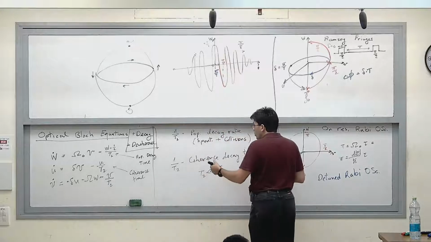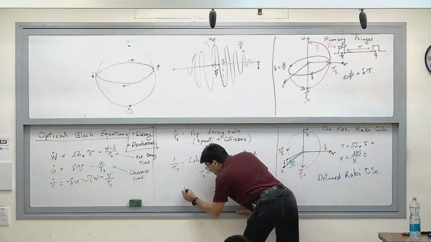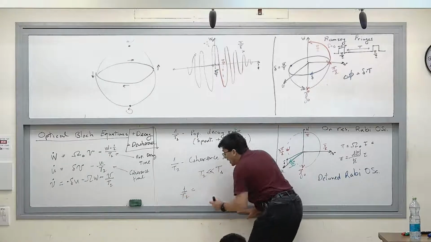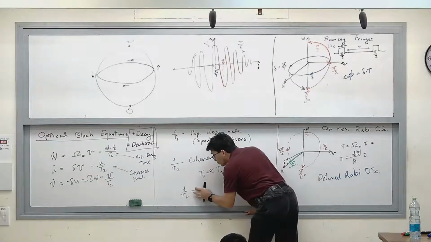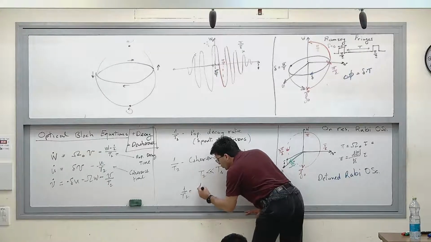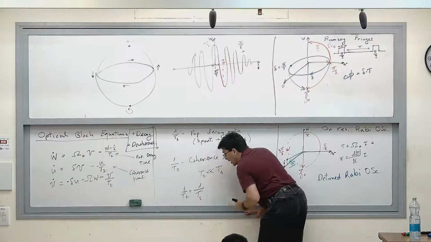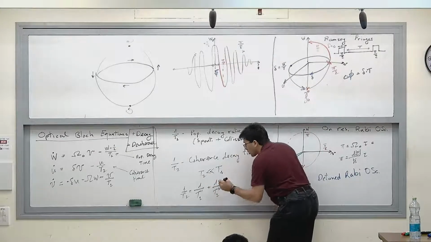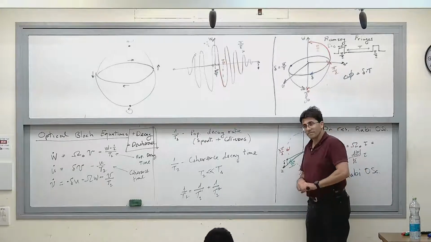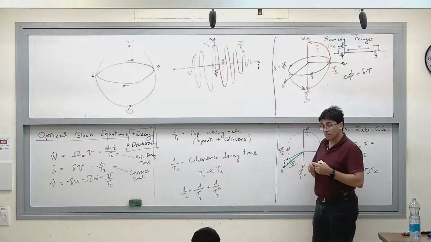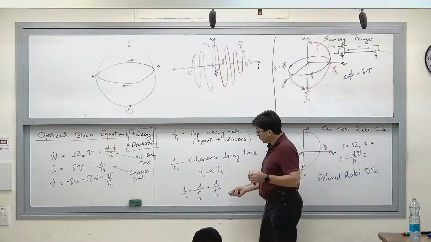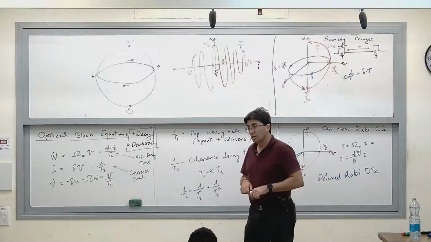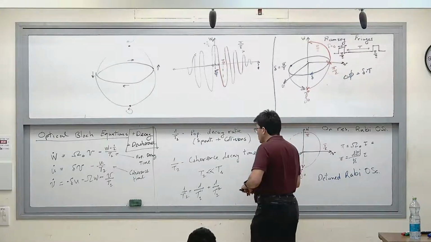And let's understand that this 1 over T2 is actually composed of two contributions. What we call 1 over T2 prime plus 1 over T2 star. What is each one? The first one is what we call the homogeneous broadening, and the other one is the inhomogeneous broadening.